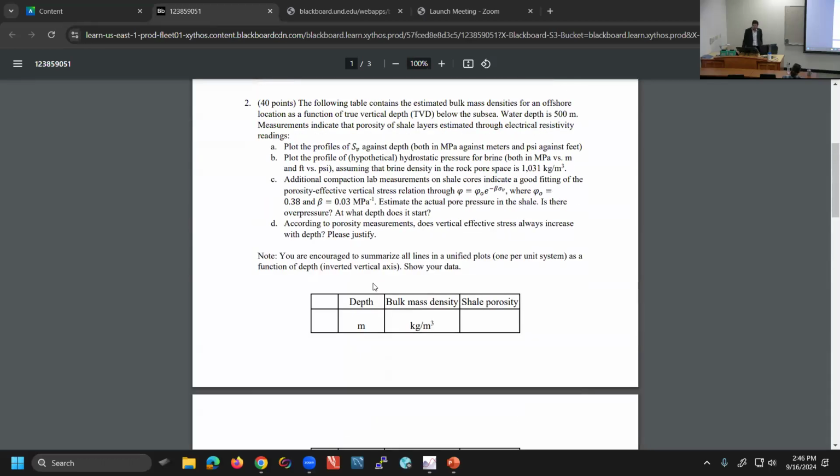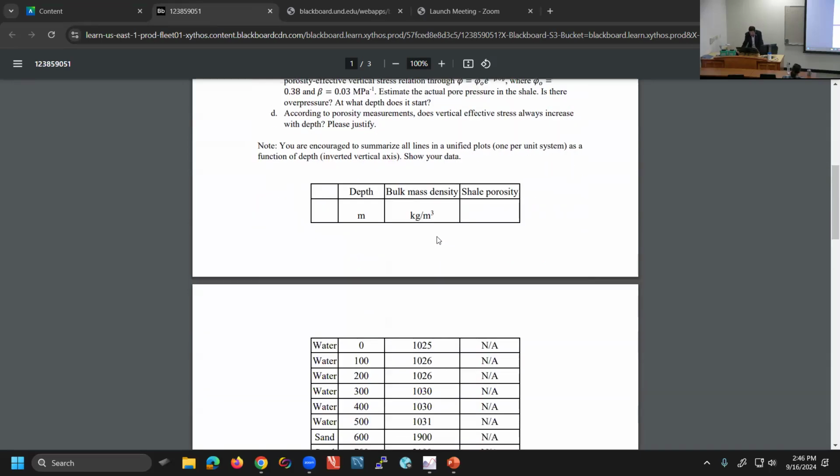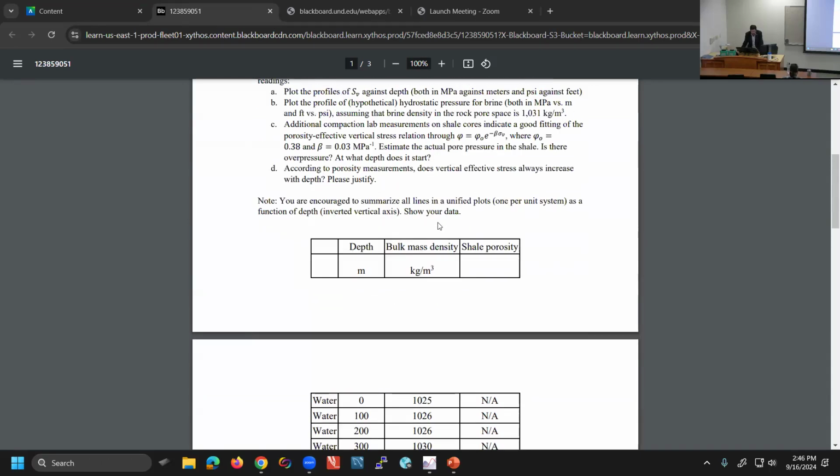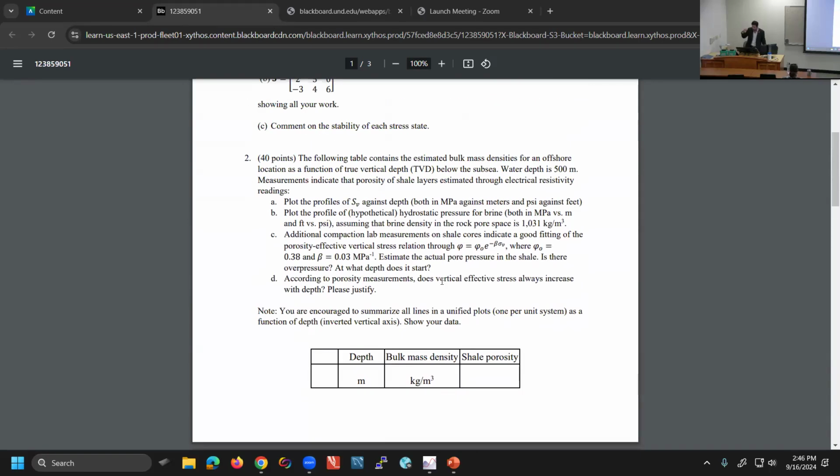Now that you have done everything, we come to question 2. We have to take this data and make a nice spreadsheet. Or you can do it in MATLAB or Python, whatever you want, as long as you get the right answer. Plot SV versus depth. You do it for MPa versus meters. There you have to use g. And then you do it in PSI versus feet.